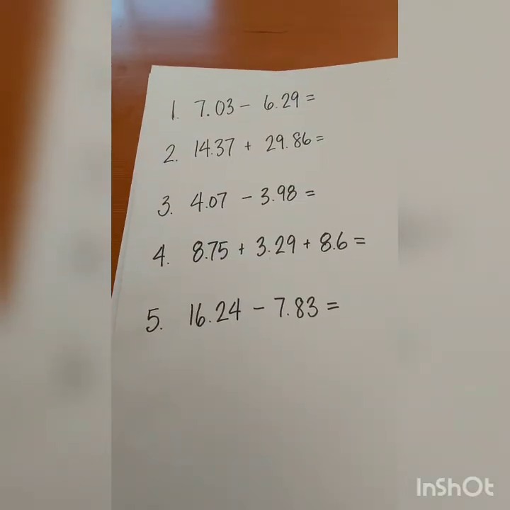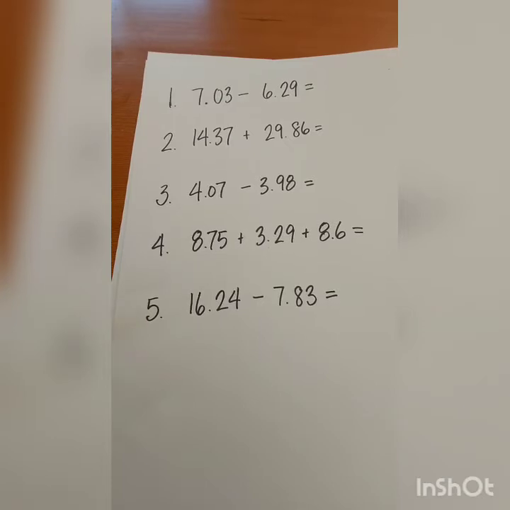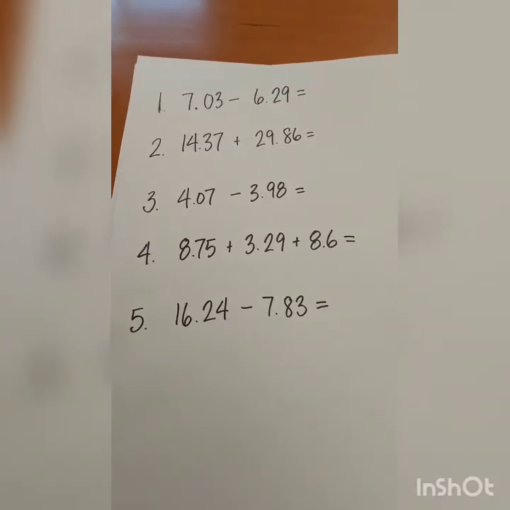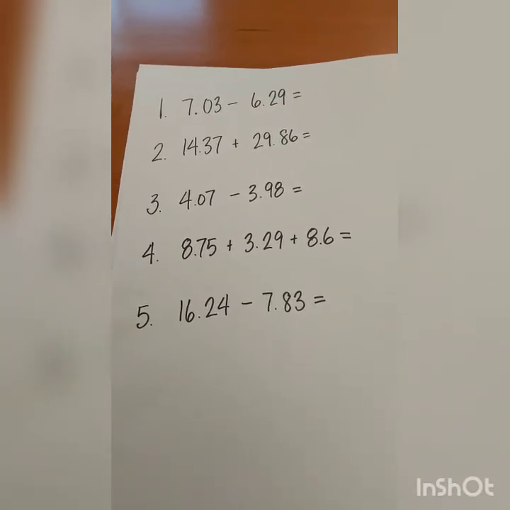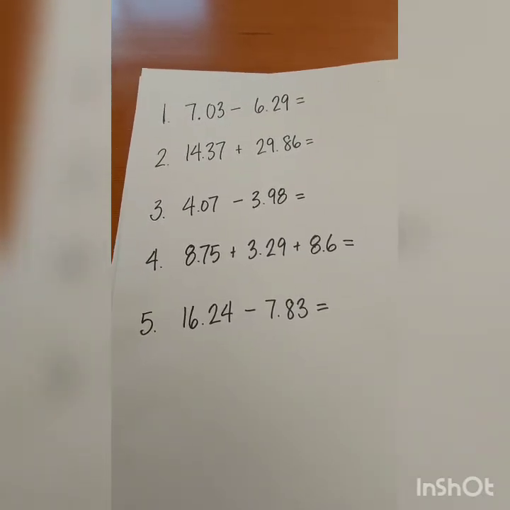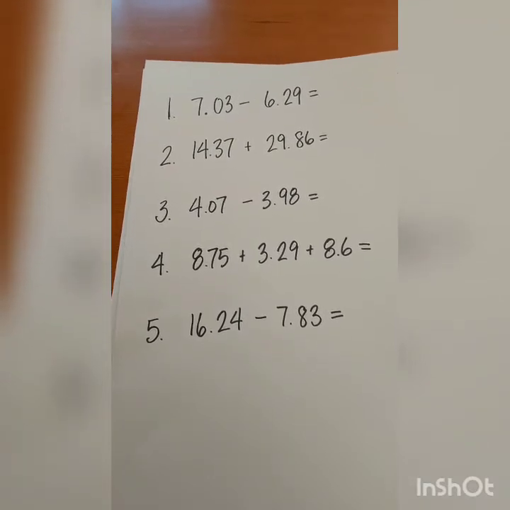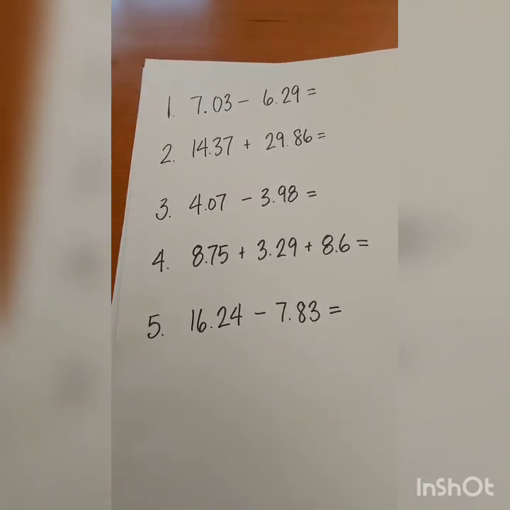Question 4 is an addition with 3 numbers, 8.75 plus 3.29 plus 8.6. And finally, question 5 is subtraction, 16.24 minus 7.83. I encourage you to try these on your own.